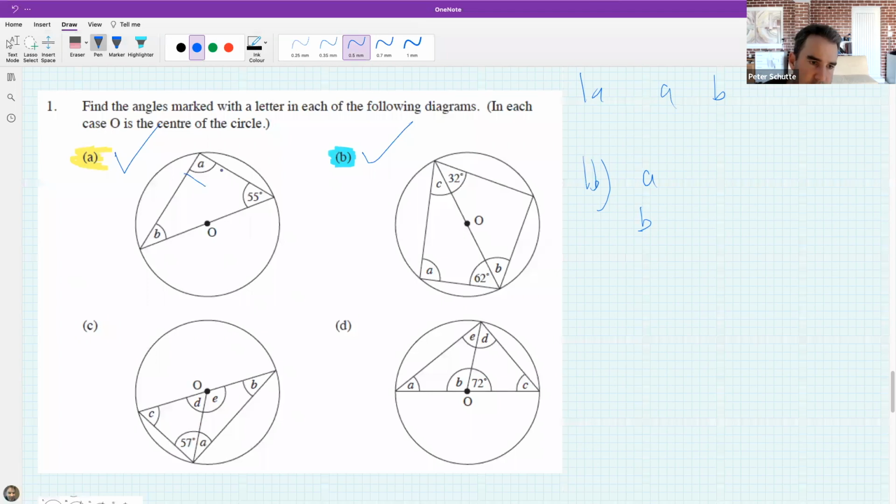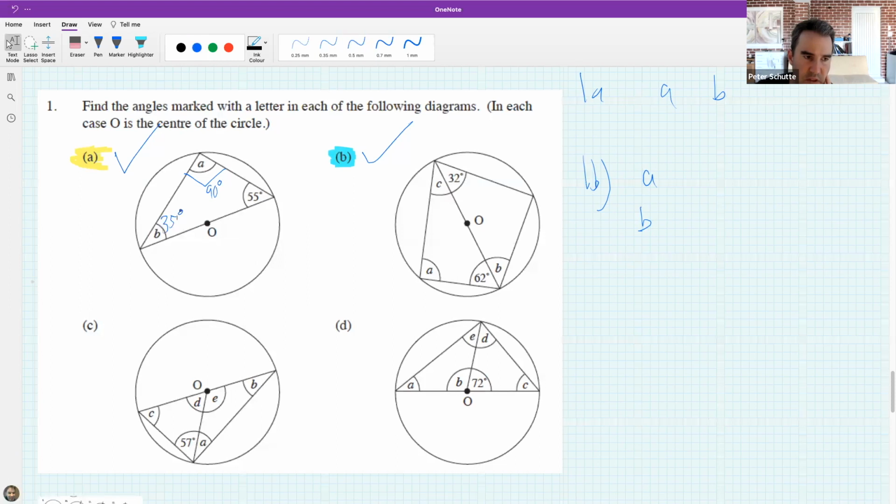It kind of flows naturally from what we were doing. What is B going to be?